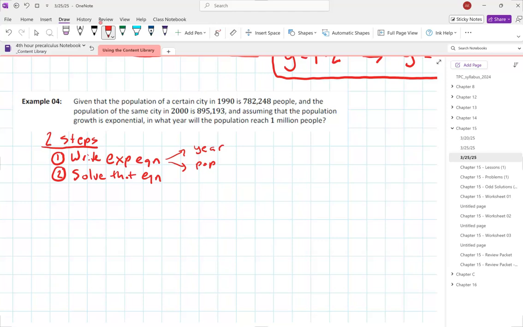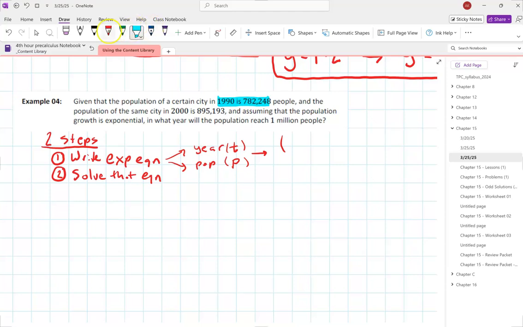Good. So I'm going to use the letter T to represent year or time, and then the letter P to represent population. So if I do that, I would have 2 points, right?